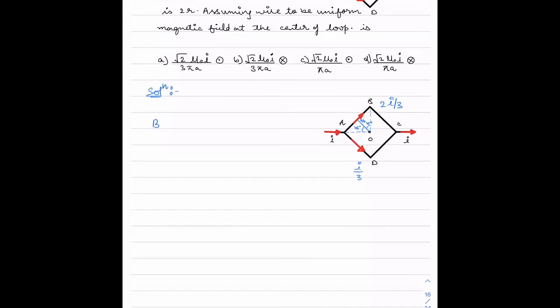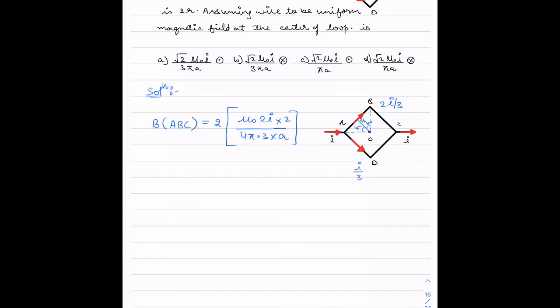Just see here. The magnetic field due to ABC will be two times of mu naught I, sorry, 2I by 3, since the current there is 2I by 3. So mu naught upon 4 pi into 3 into length, and length is A by 2, so A into 2.